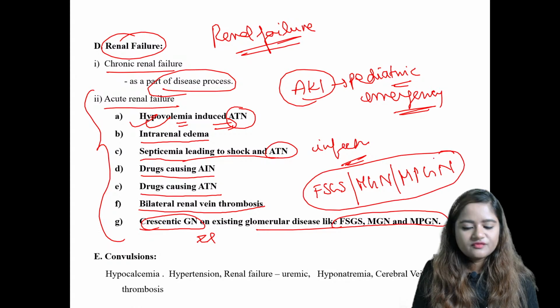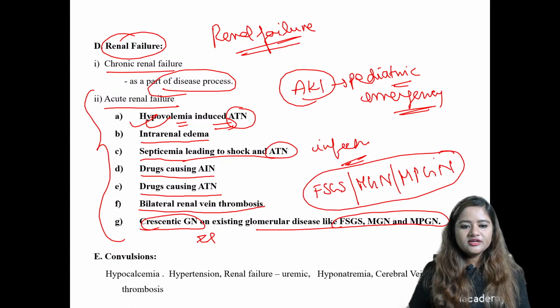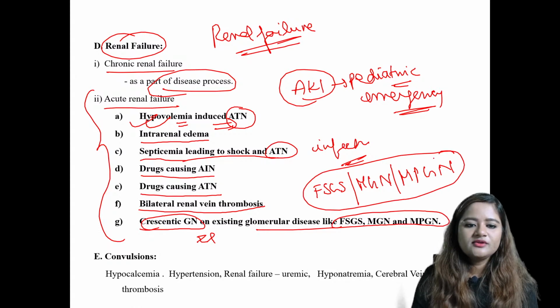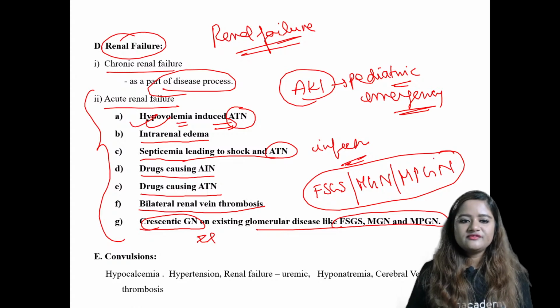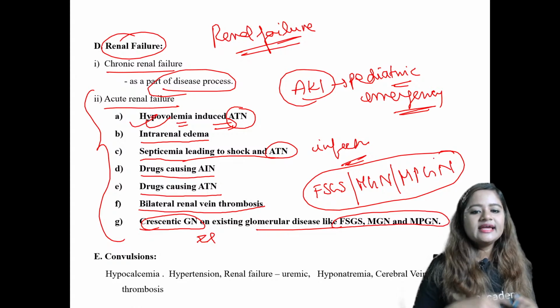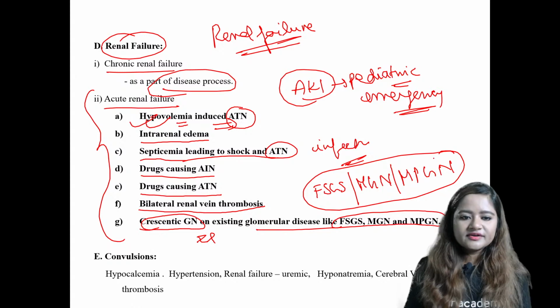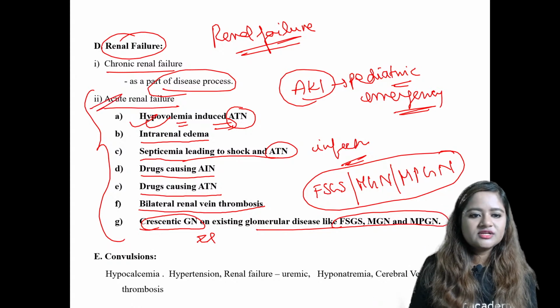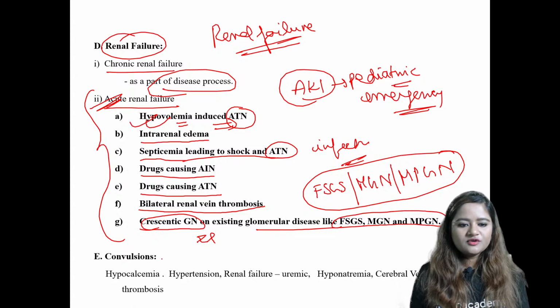So these are the atypical types of nephrotic which can occur due to crescentic involvement of the glomerulonephritis. So all the drugs, all the infections, all the structural damage, anything which is aggravated and is not treated in time will lead to your acute renal failure. So renal failure is the dead end complication which will occur in a patient of nephrotic.